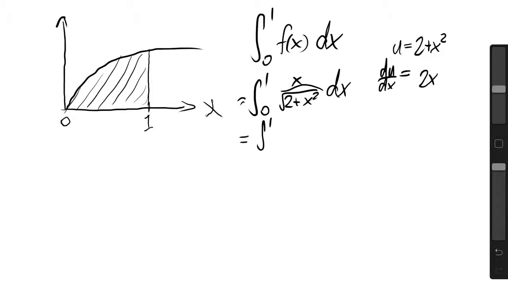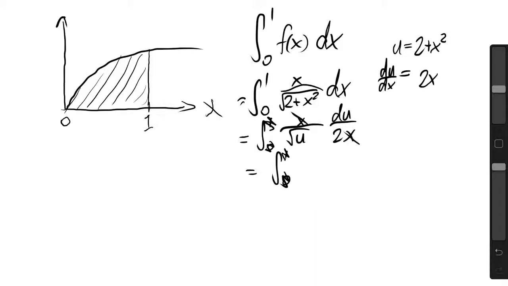And now we have the integral of x on root u dx, which is du on 2x, and goodbye x, and we're left with the integral of, well, the limits have changed actually, so this is wrong.